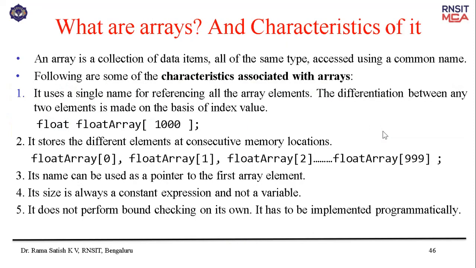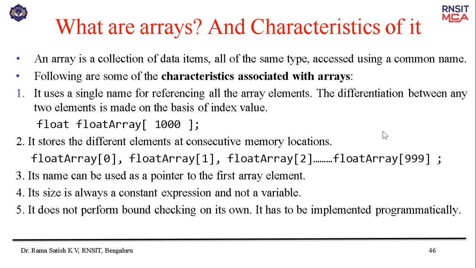As you know, an array is a collection of data items. These data items are of the same type, and they are accessed using a common name. Following are the characteristics of an array. First, it uses a single name for referring to all the array elements. Second, it stores different elements at consecutive memory locations.